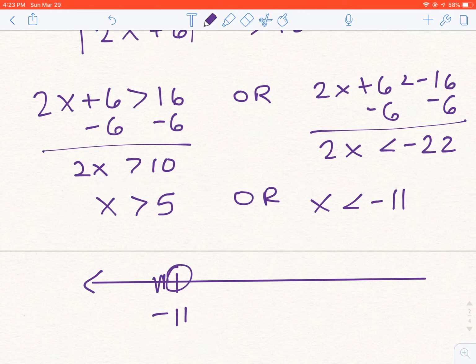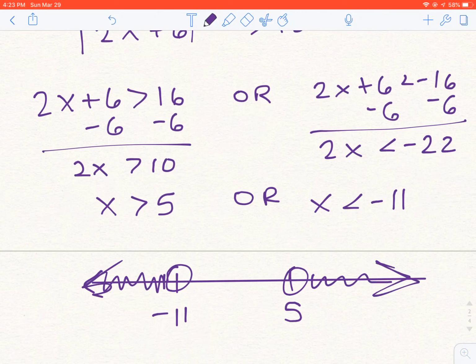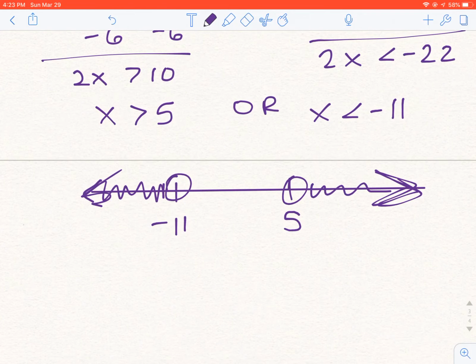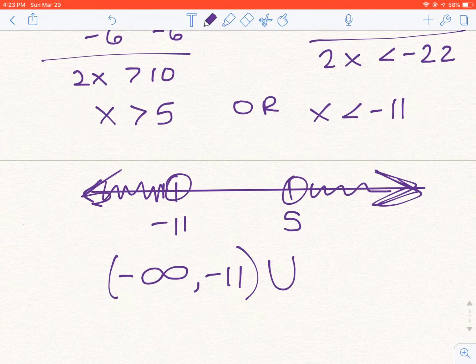Open circle, everything to the left. 5. Open circle, everything to the right with my 5, and then in interval form, negative infinity, comma, negative 11, round bracket because it's not included, or, which is union, round bracket 5, comma, infinity.